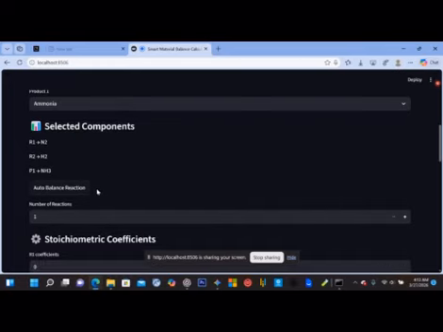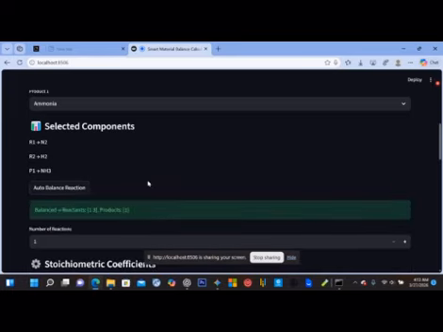Our simulator gives us an option to automatically balance a reaction, or automatically balance an equation. And when it automatically balances it, this is what we get: 1, 3 for the reactant side, and for the product side the stoichiometric coefficient is 2.